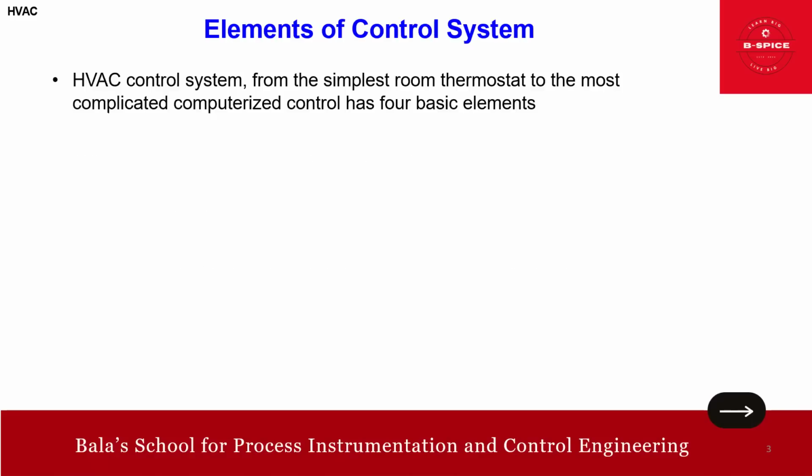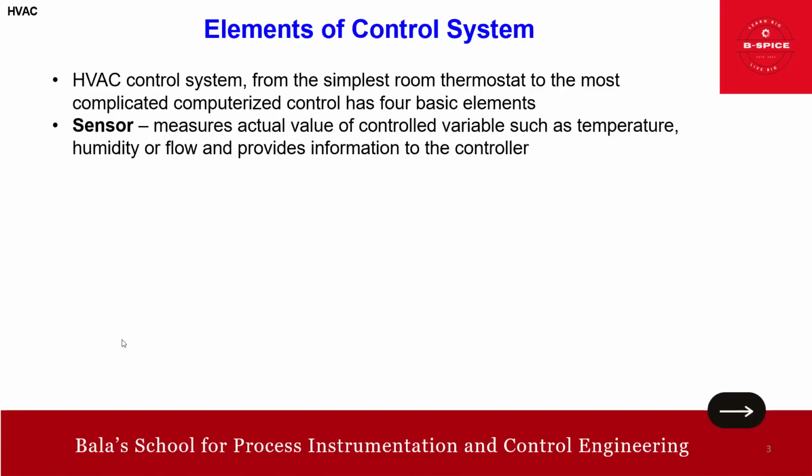What are all the elements of a control system? An HVAC control system, from the simplest room thermostat you would have seen, to the most complicated computerized control, has four basic elements. One is, of course, the sensor. It measures the actual value of the control variables such as temperature, humidity, or flow with respect to HVAC, and provides information to the controller.